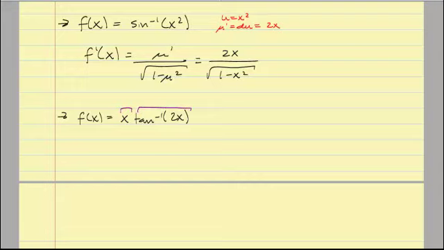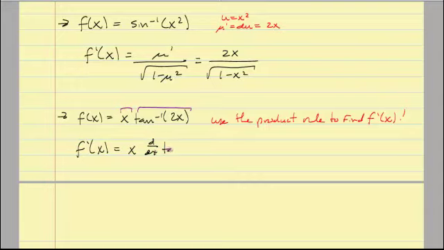So I'm going to be using the product rule to find the derivative. The derivative will be the first function times the derivative of the second function plus the second function times the derivative of the first function.